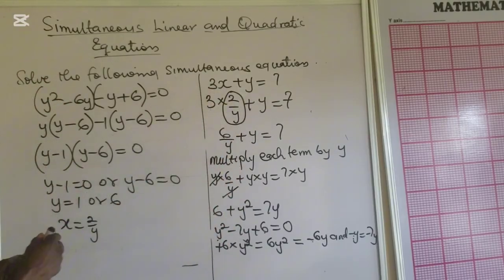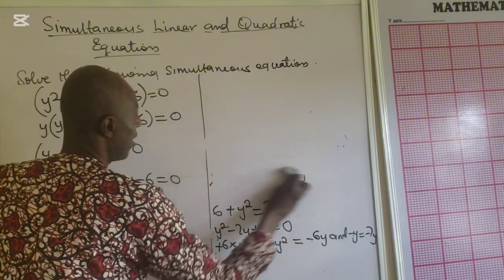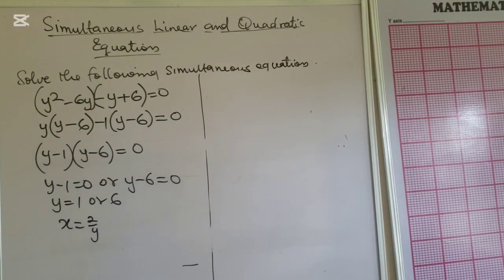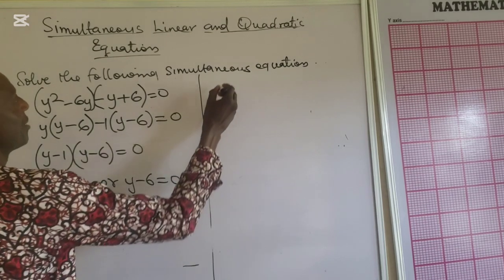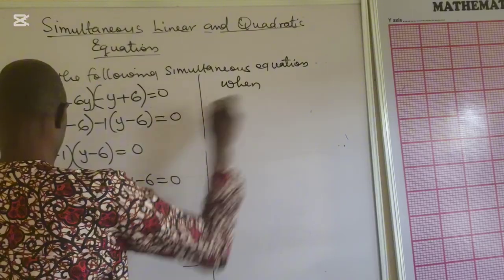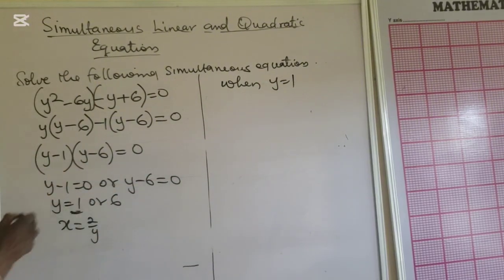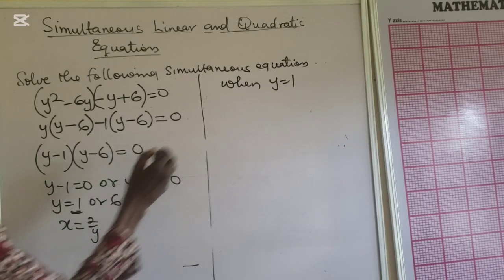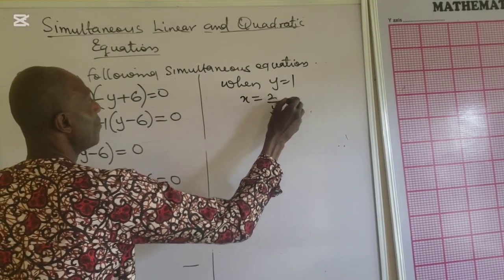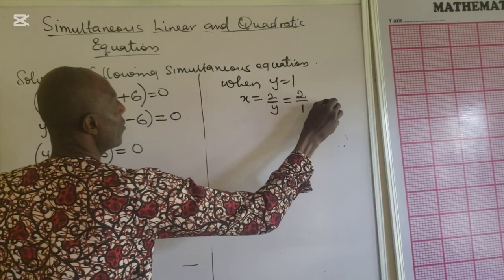Now, let us substitute the value of y so that we can get the value of x. When y is equal to 1, x is equal to 2 over y, which means x is 2 over 1 and is equal to 2.